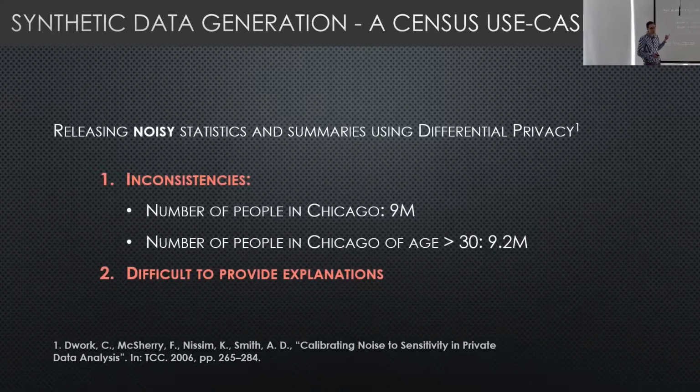The first one is that we can have inconsistencies. We can ask what is the number of people in Chicago and get 9 million. And then ask what is the number of people in Chicago over the age of 30 and get 9.2 million. The second drawback is that it's— These are real examples? This specifically is not a real example, but there are plenty of examples where it happens.